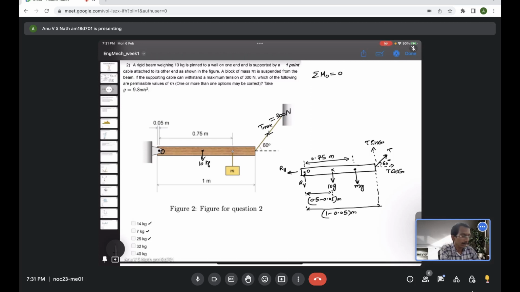Like I said, the horizontal and vertical support reactions are not causing any moment.